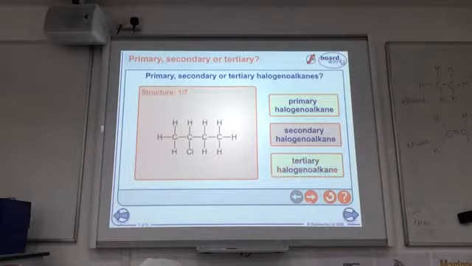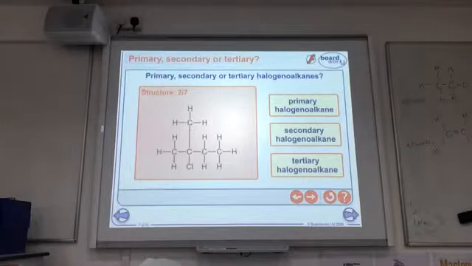It's all actually broken now. Well, I'll just tell you the answers when you get them right. You were right. It was tertiary. That is tertiary because that carbon there is attached to 3 other carbons.